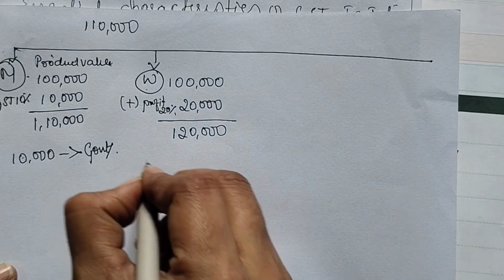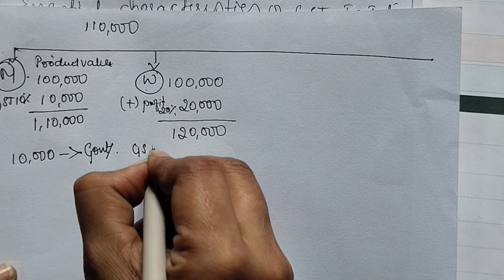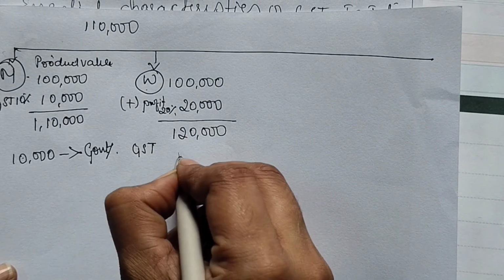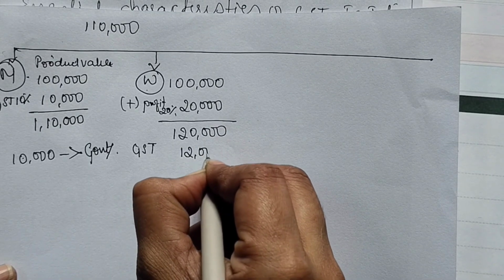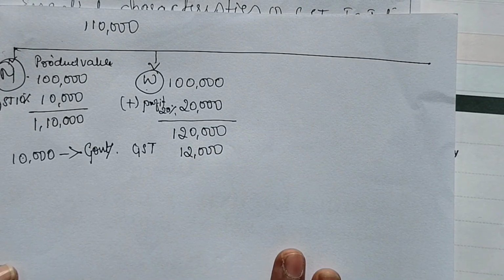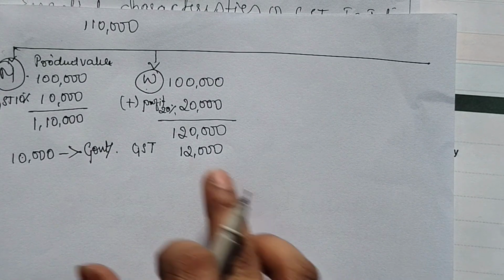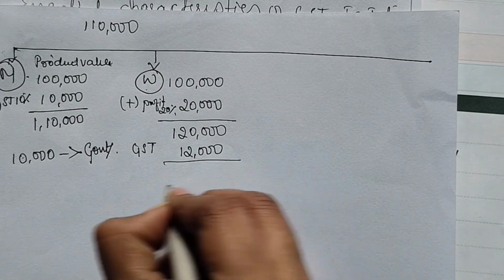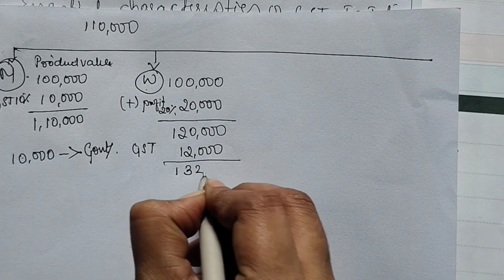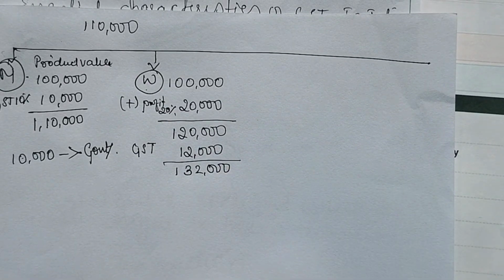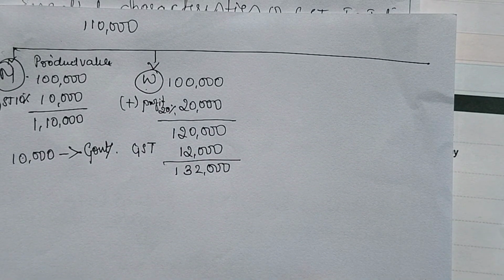On this, GST is 10%. 1 lakh 20,000 into 10% is 12,000. 1 lakh 20,000 plus 12,000 is 1 lakh 32,000.